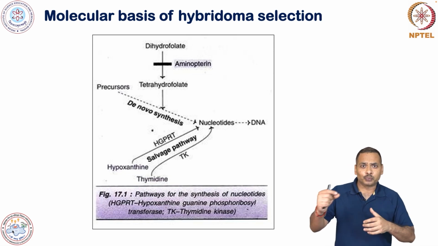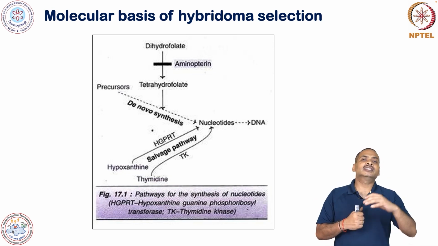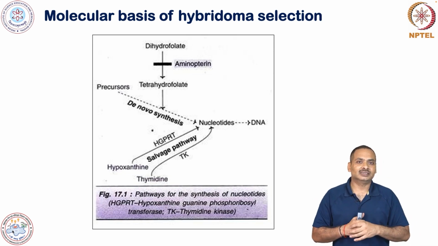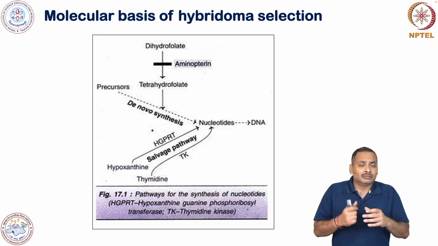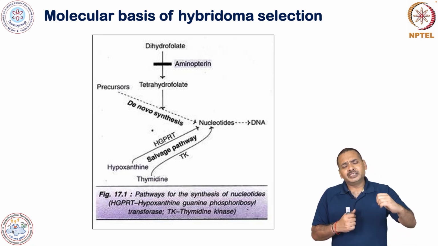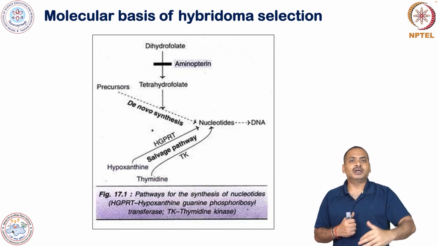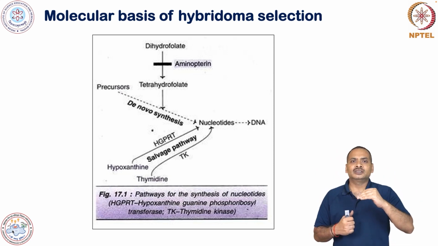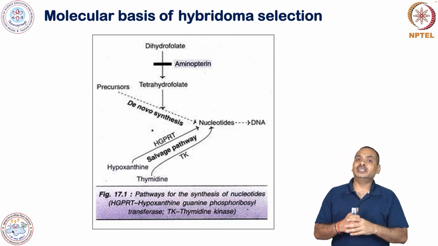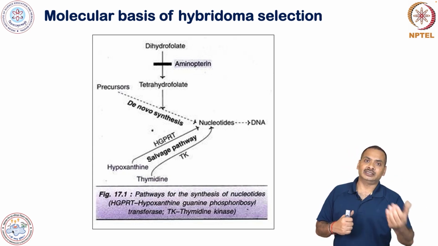If you poison this pathway, then the cell will die, but it will not die immediately. It will switch to the salvage pathway. If the salvage pathway fulfills its need for DNA replication, then it will not die, else it will die.